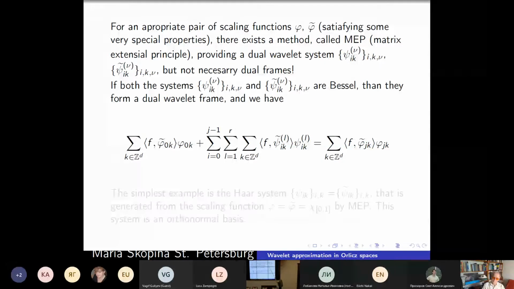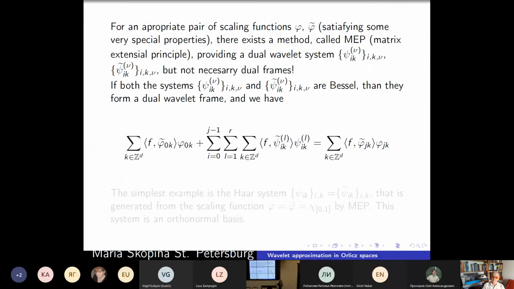In more detail, from phi and phi tilde one constructs dual wavelet frames using the so-called matrix extension principle. It doesn't matter what this means, but I will say they are constructed by it from phi and phi tilde.